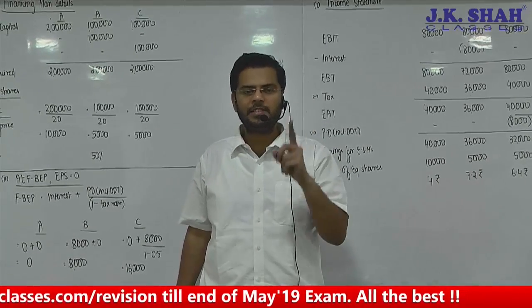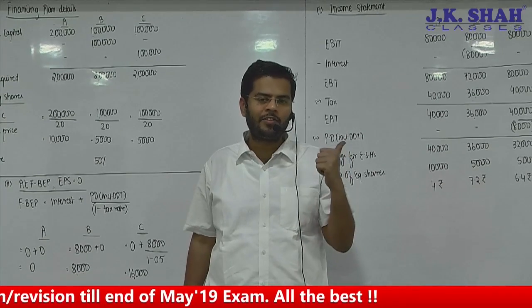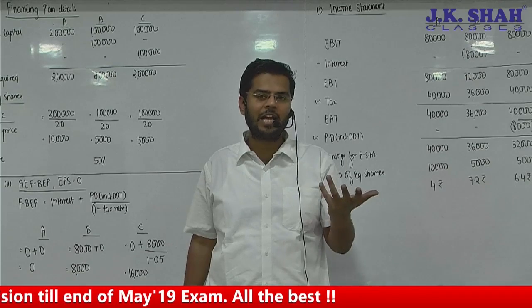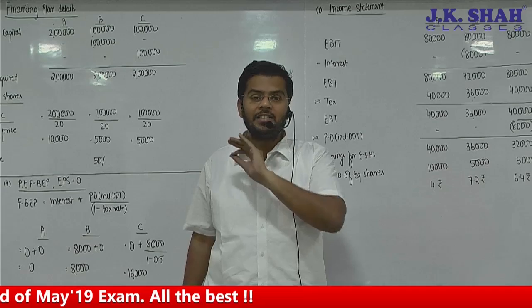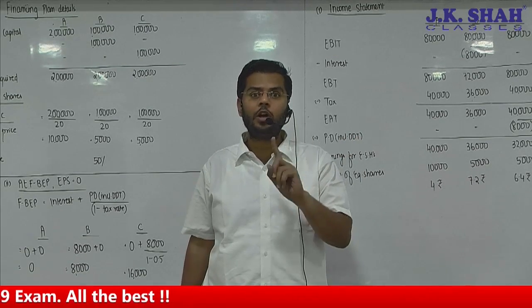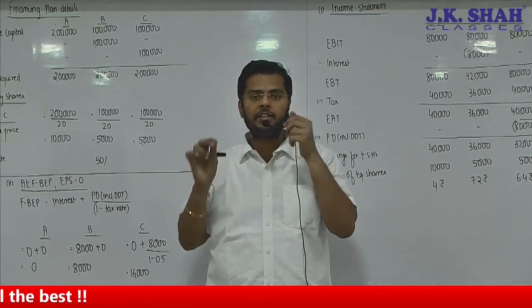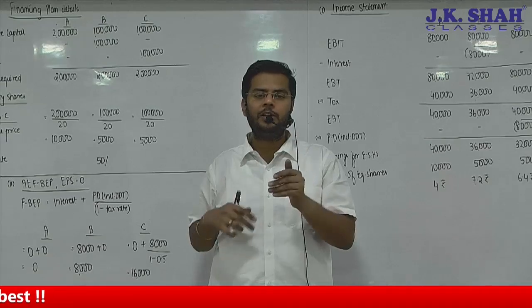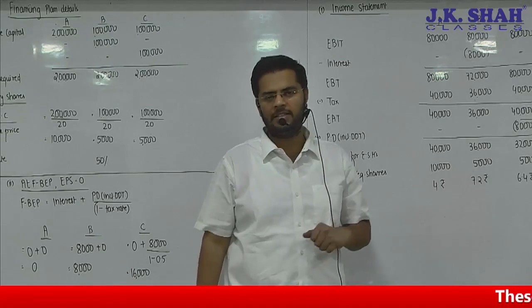There will always be savings of tax due to presence of this interest. And how do we compute the tax savings? Interest into tax rate. That savings won't occur in plan C because preference dividend is not allowed as an expense. It is rather an appropriation of profits, and hence we will always give priority or dominance in this sum to plan B over plan C.